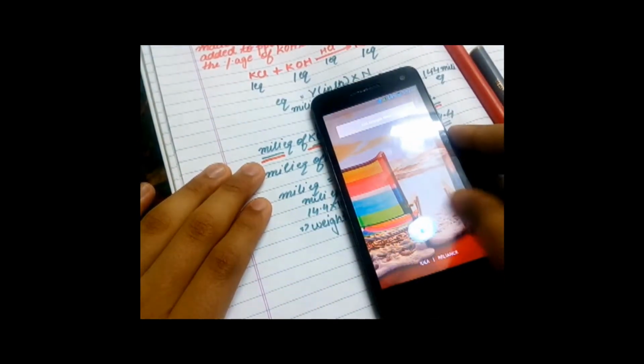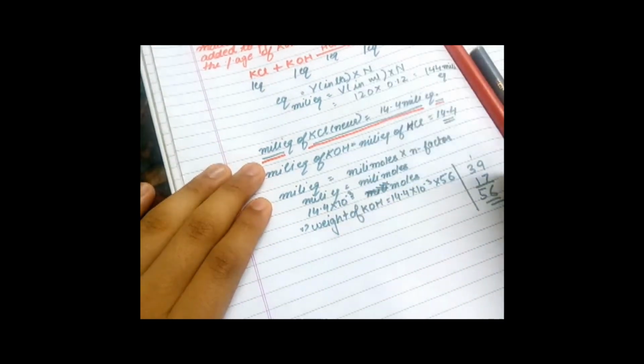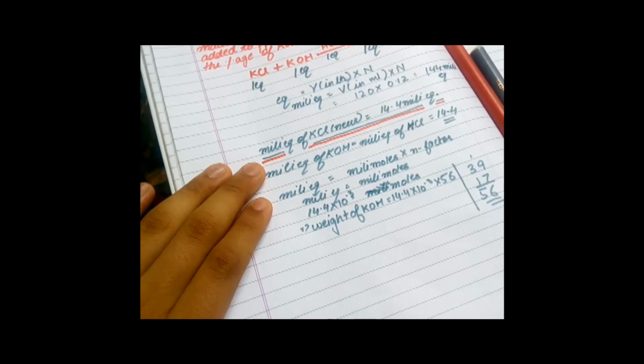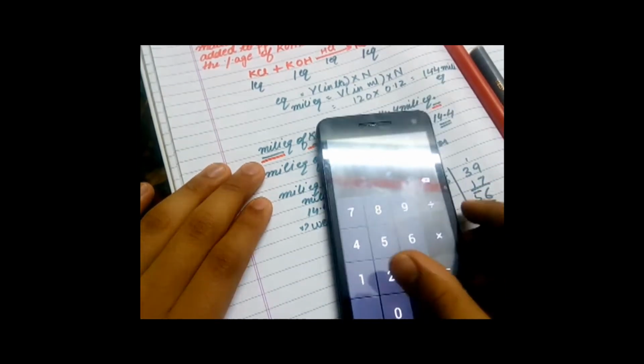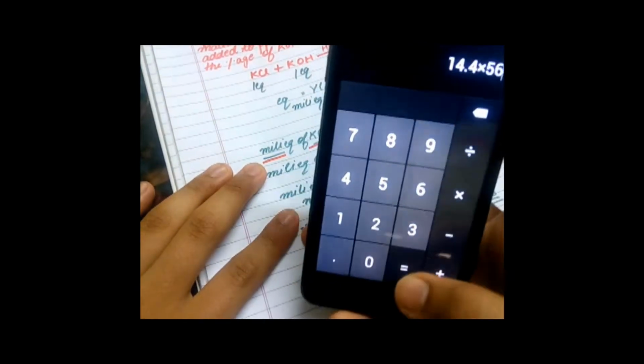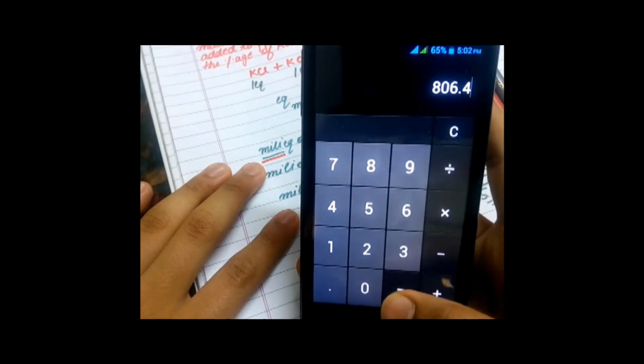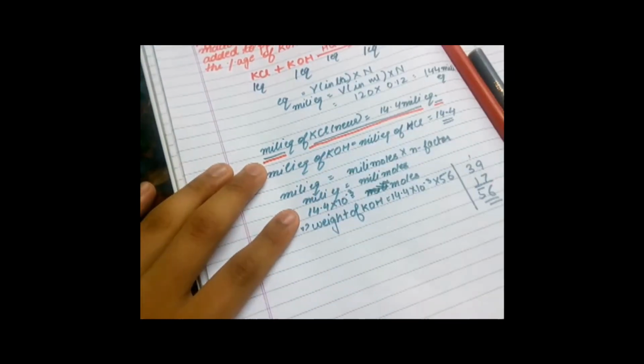Here, my friend, I have my phone to aid in the calculations, and I will be multiplying 14.4 with 56 here, and the answer is coming 806.4.